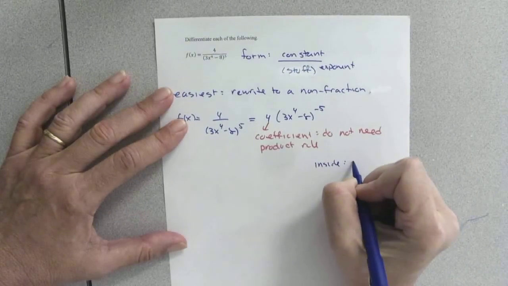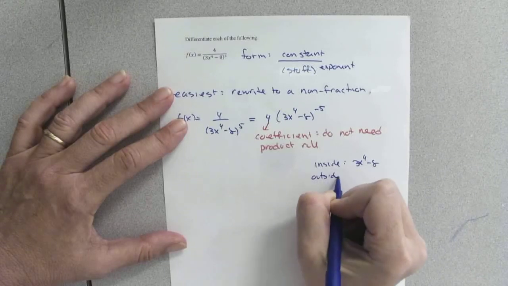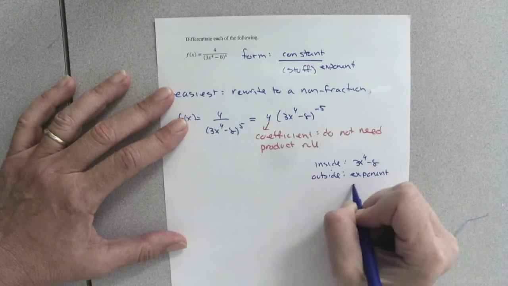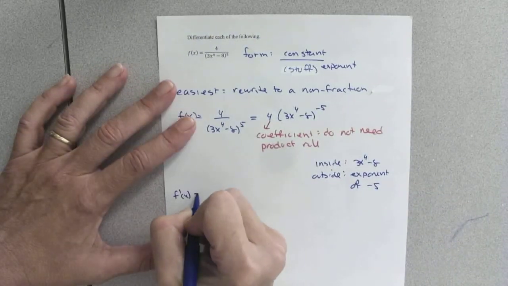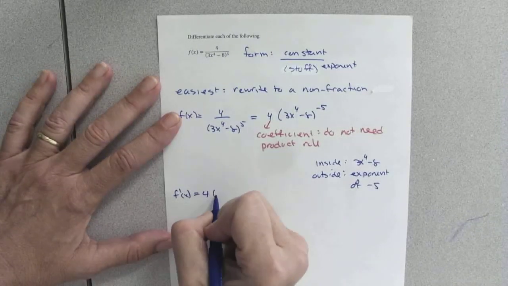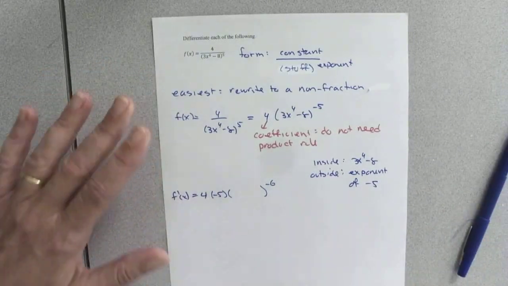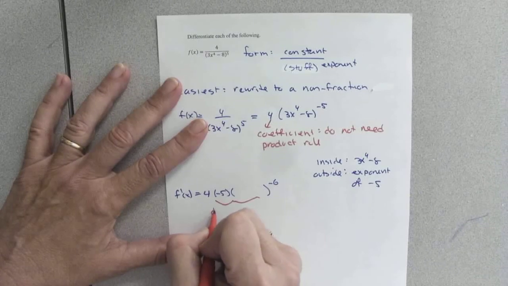My inside function is 3x to the 4th minus 8. My outside function is an exponent of negative 5. And so I start on the outside, just write that 4 down. You don't have to do anything with it. Start with that exponent. Do what we do for an exponent: multiply by the exponent, decrease the exponent by 1.